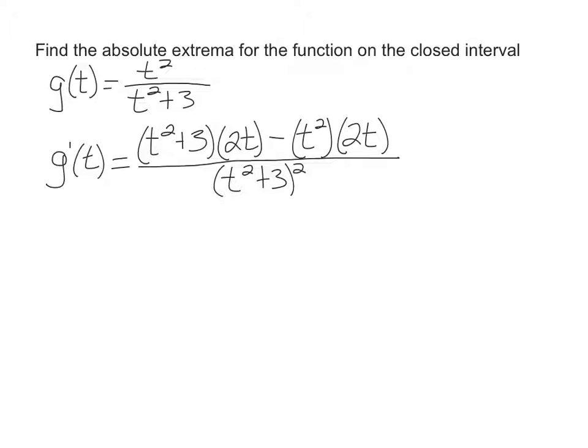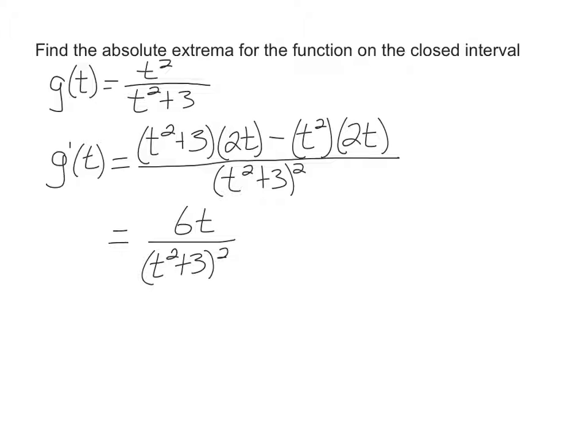As we simplify this, you can distribute the 2t here to the t squared and to the 3 and multiply this out, and then subtract accordingly, and you will get 6t over t squared plus 3, the quantity squared.